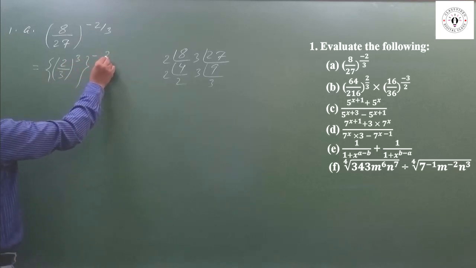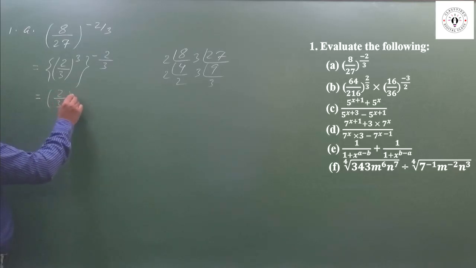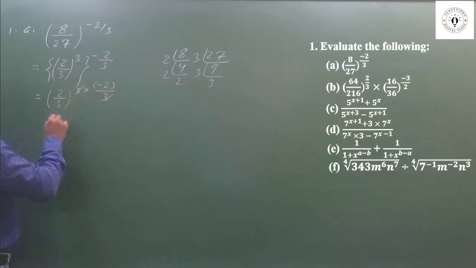This minus 2 upon 3 power as it is. And we have just now studied the formula. If there is double power, then power is multiplied. So what shall we write? 2 by 3 to the power 3 into minus 2 by 3. 3 3 cancel. So this has 2 by 3 to the power minus 2.